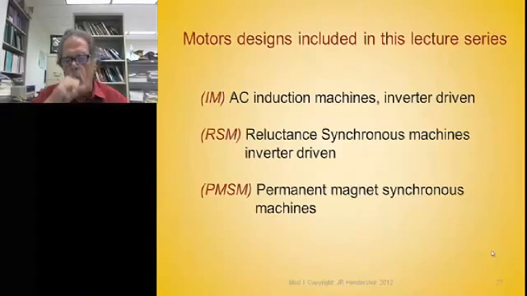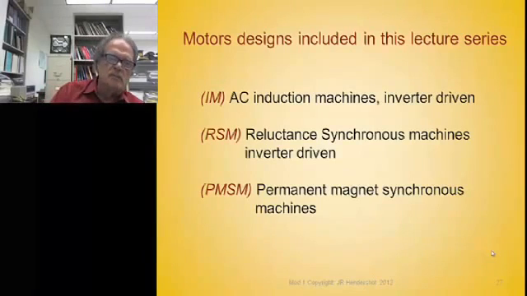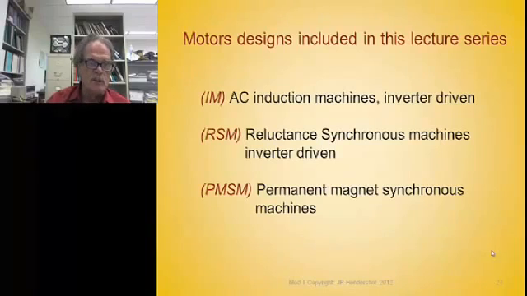And then we're going to take the same stator or a similar stator from an induction machine and replace the squirrel cage induction rotor with a reluctance synchronous rotor and drive that with the same type of inverter and see what we have to do to optimize the rotor for that.